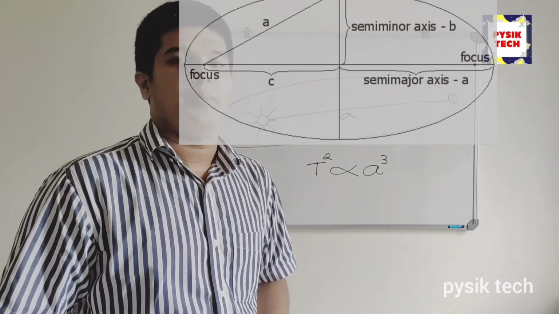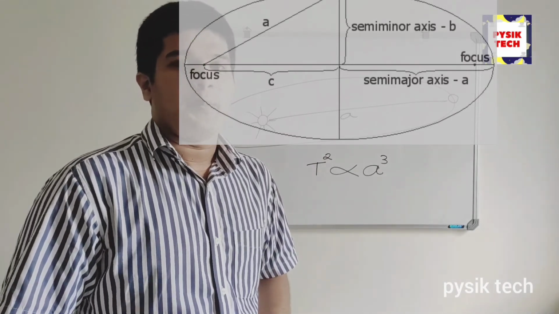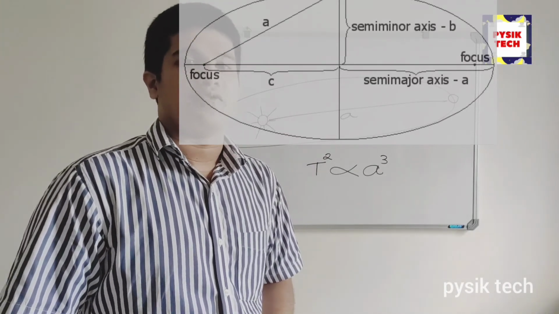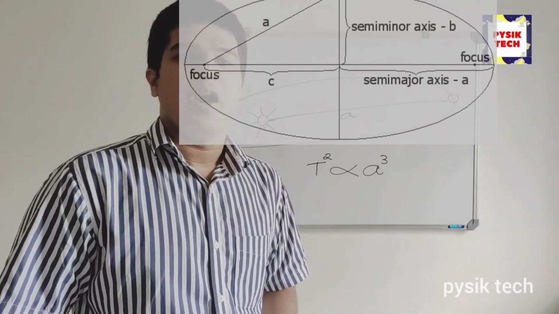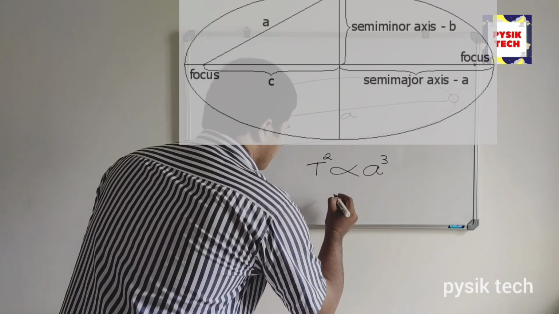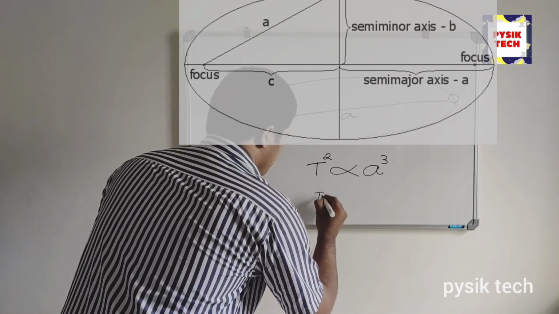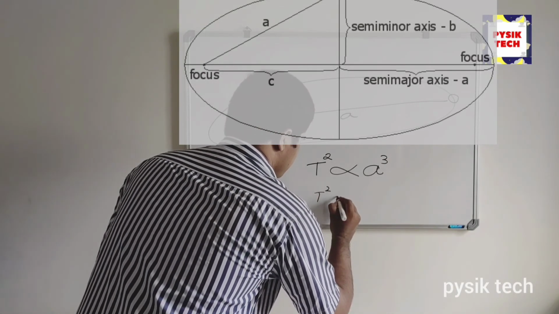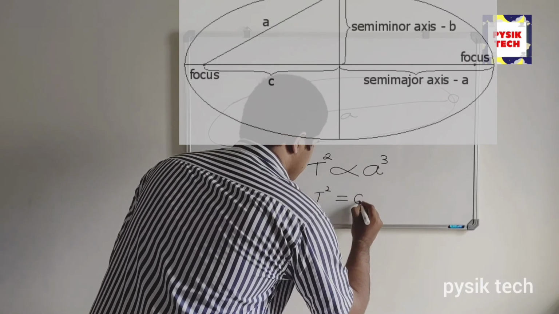How to remove the proportionality? By putting a proportionality constant, we can remove the proportionality. I am putting P squared equal to G and A cubed.